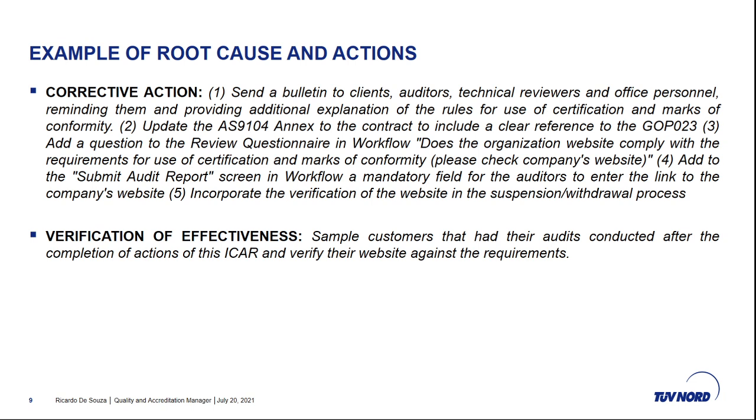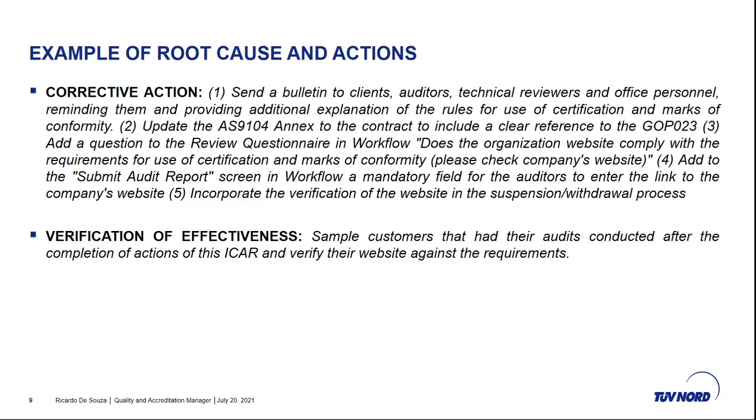So in this case, my corrective action is going to be, one, I'm going to send a bulletin to clients, auditors, technical reviewers, and the office personnel, reminding them and providing additional explanation of the rules for the use of certification and marks of conformity. So the bulletin is a means of communication from TUV USA to clients, auditors, reviewers, and office personnel.